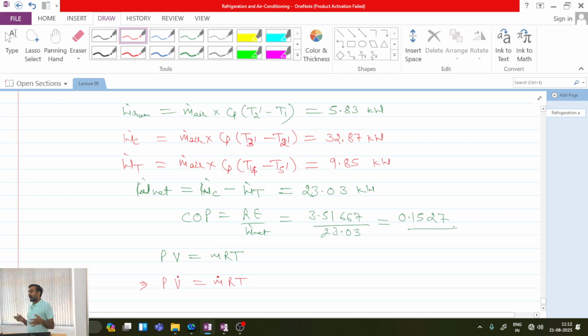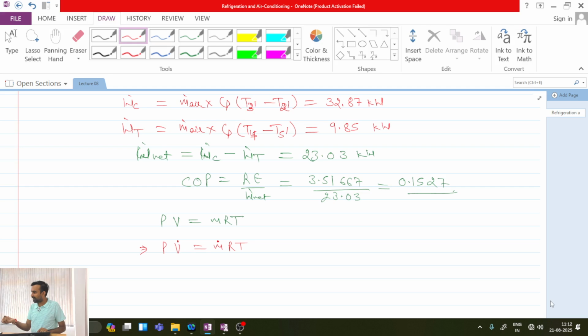Now it is asked in the question to calculate volumetric flow rate V dot at the exit of turbine and exit of compressor. What is the point at the exit of turbine? 5 dash. So P5 dash V dot at turbine outlet will be equal to m dot air, because we are not bypassing any air. Whatever air starts at point 1, the same air passes through the turbine and the same goes through the cabin and compressor.